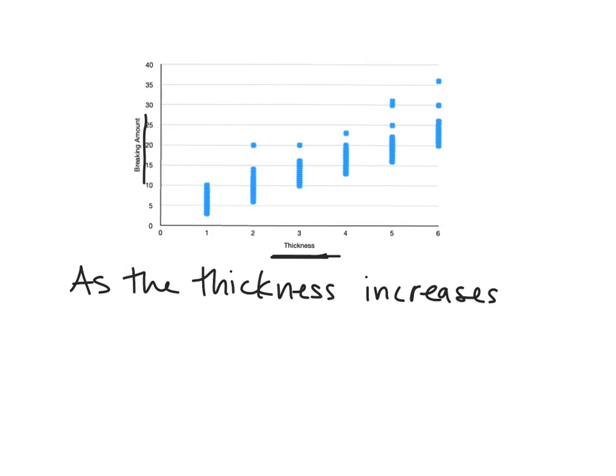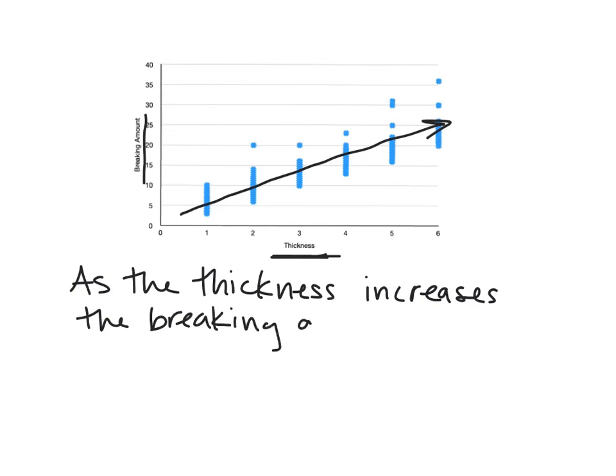So we can see that these points, and it almost looks like a line because there are so many points in there, but each of them is a different x. So as my thickness increases, so did the breaking weight. So in words it'd say as the thickness increases, the breaking weight increases, or the breaking amount increases.